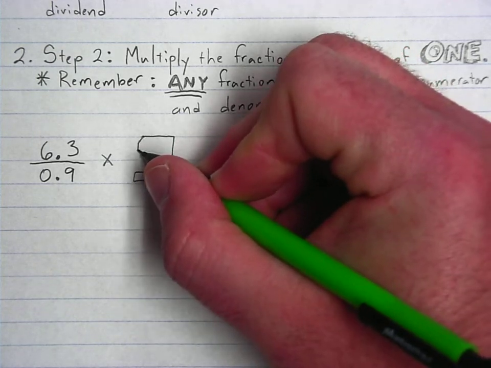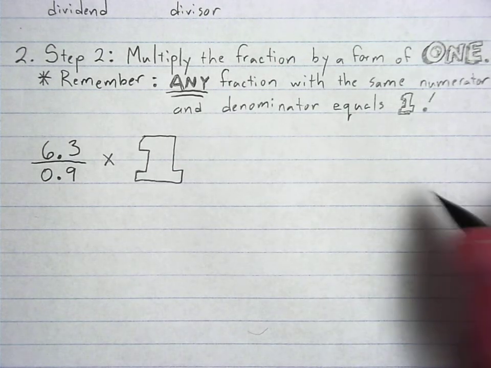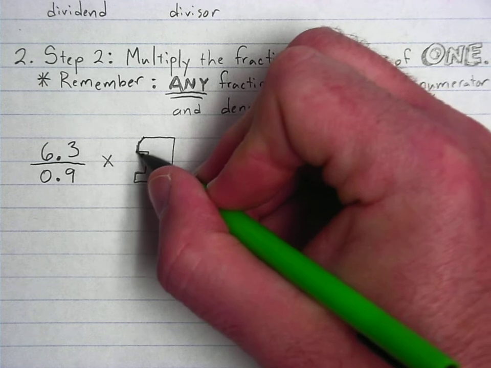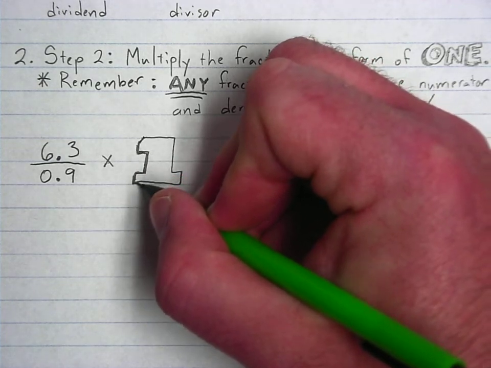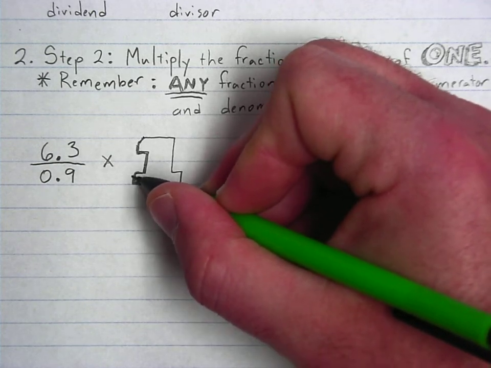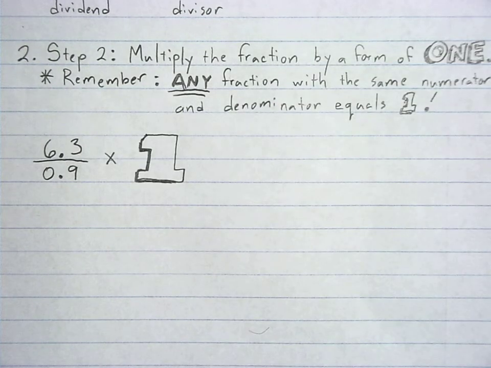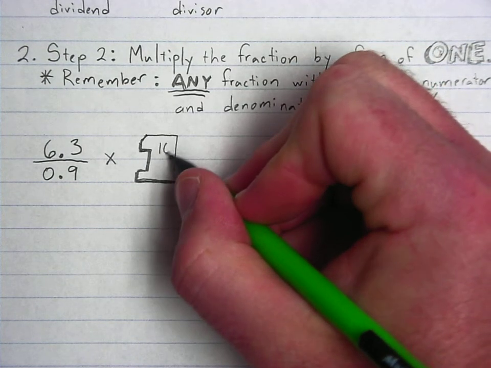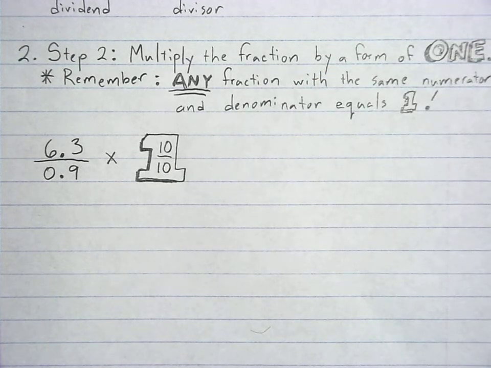Now, if I just multiply by 1, that in itself is not going to be terribly helpful. What I need to do is multiply by some form of 1. I want to multiply by a fraction that would equal 1. And the reason I'm multiplying by 1 is because anything times 1 is just itself. It doesn't change. So, 10 over 10 is the fraction that I'm going to pick this time.